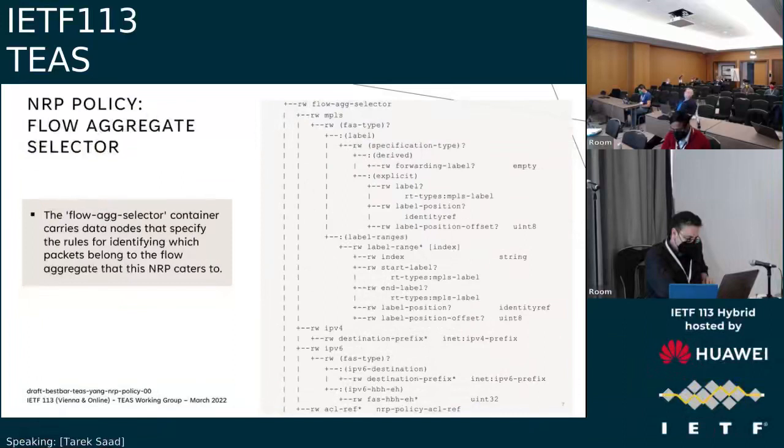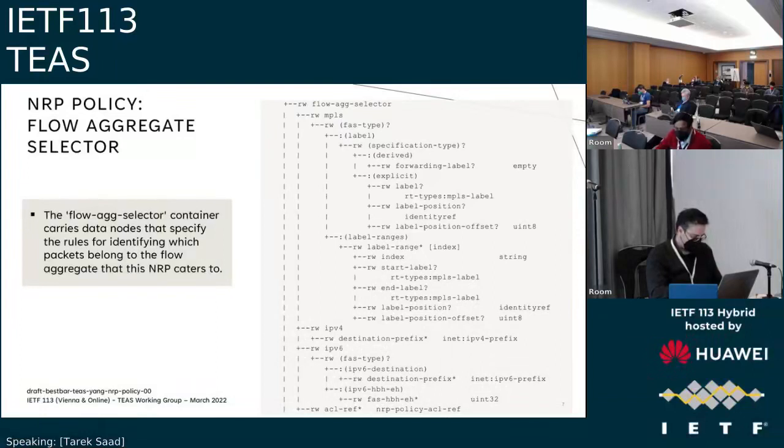The flow aggregate selector, I did touch on this lightly earlier. It's a field carried in the packet. It can take multiple forms. The model is flexible enough to allow multiple variants. So the flow aggregate selector for an NRP can be a range of labels, for example.